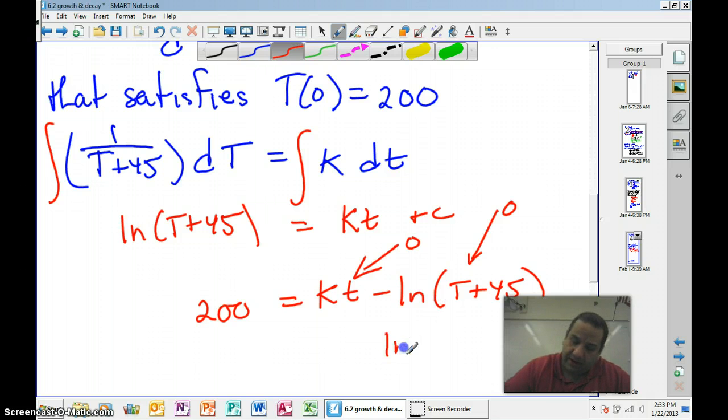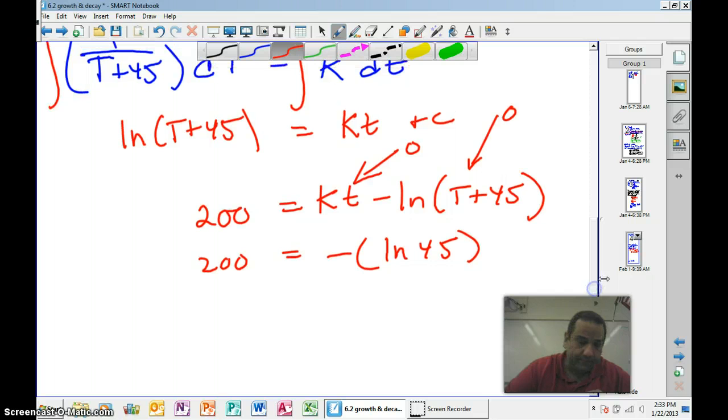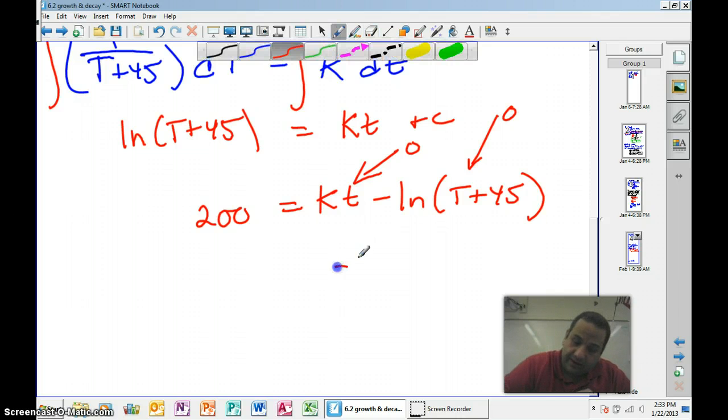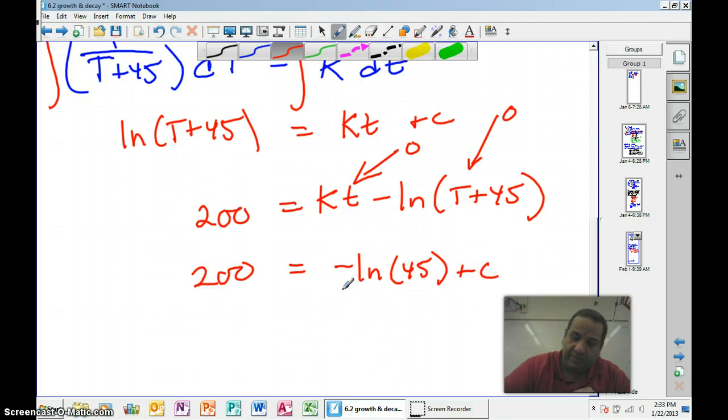This will become negative ln of 45, and this will become 200, or some constant. I think that's good enough. I don't think you need to get crazier. I have never seen a problem like this on the AP exam, nor will I give you one. So you plug in 0 and you get negative ln of 45, but there has to be some constant, I guess, 200 plus c. Probably e both sides and go from there, but that's fine enough.